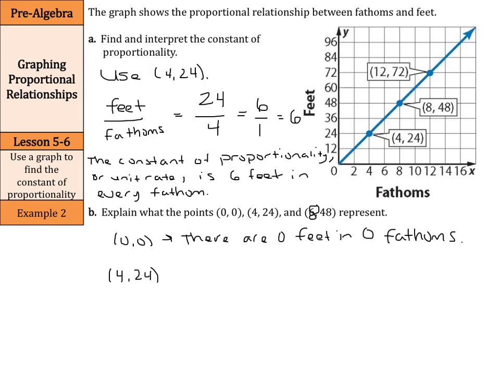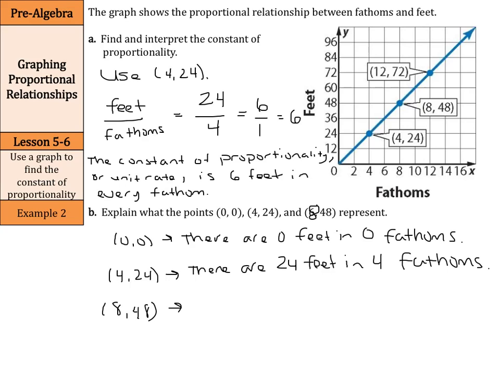But when we have 4, 24, this means there are 24 feet in 4 of those things. If anyone knows how to pronounce that, please feel free to tell me one day. 8, 48 means there are 48 feet in 8 of those guys.